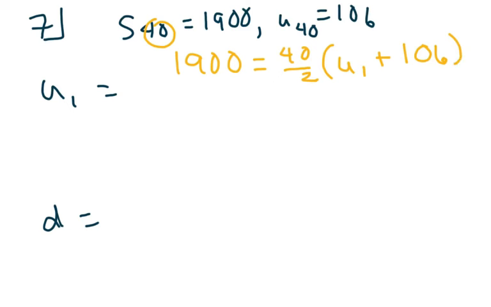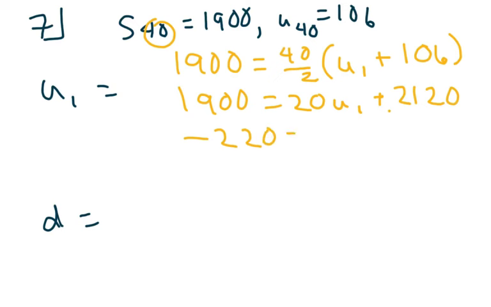And so then you just solve. Plus 20 times 106 is 2,120. Subtract, you get negative 220 equals 20 a sub 1. So a sub 1 equals negative 11.